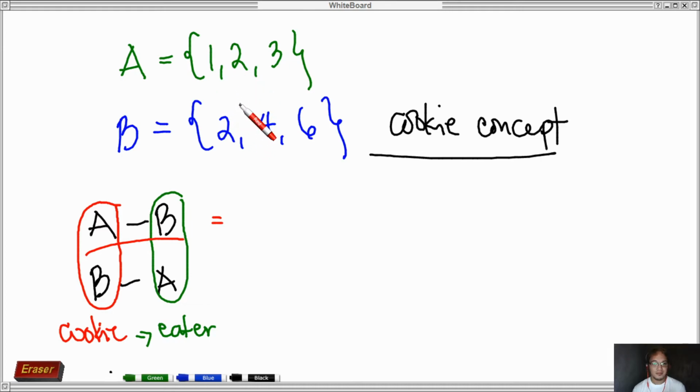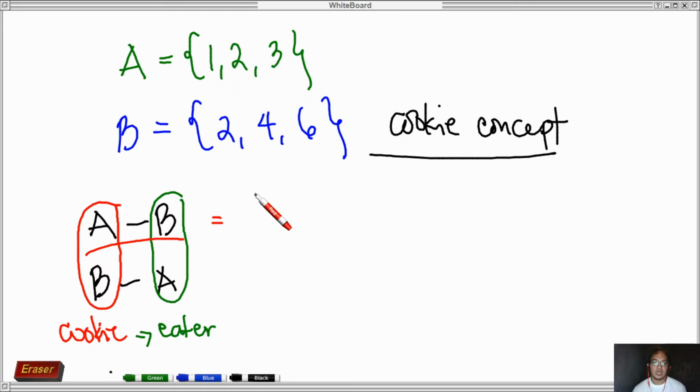Then the common or intersected elements of the two sets are the ones that will be eaten. That is the only element that will be eaten by B, because B has 2 and A has 2. B can only eat 2, and what is left is 1 and 3.